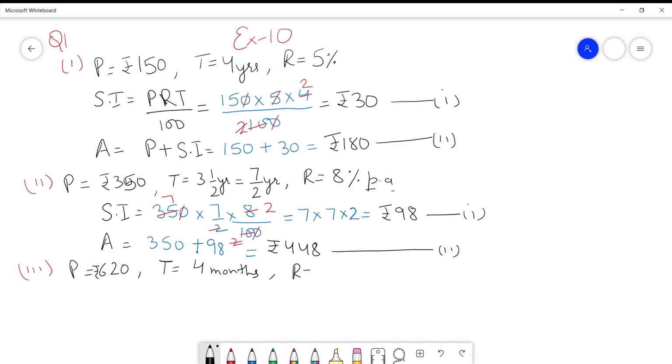But the rate is also given to us as 8 per rupee, that means percent per month. So no problem. We can do the same thing in the same way and we'll get the answer. So 620 multiplied by 4, 8 by 100. Cut the 0 with this.